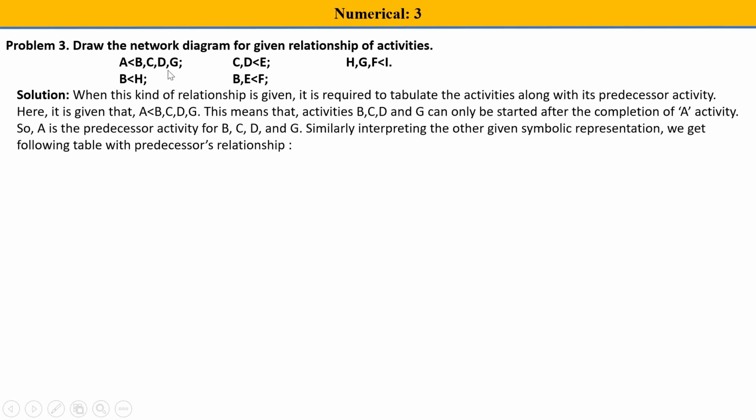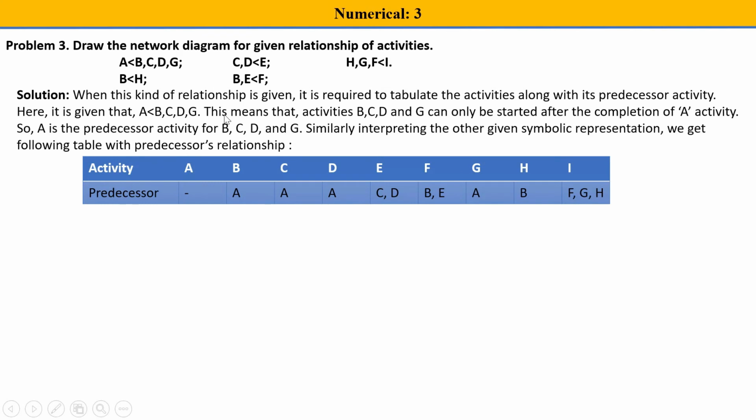When a numerical asks you to draw a network diagram for the relationship of activities, you have to see that A less than B, C, D, G means that B, C, D and G can only be started after completion of A. When you see C and D less than E, it means that E is going to come out of C and D, while B, C, D are coming out of A.